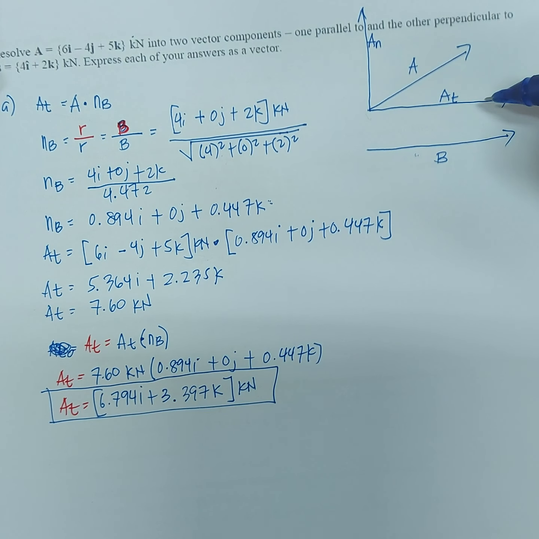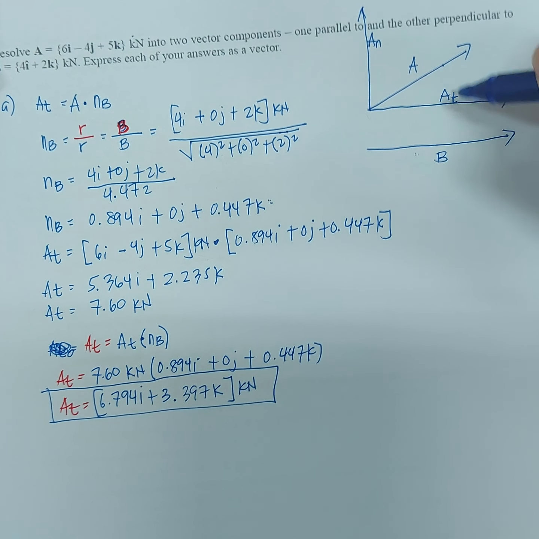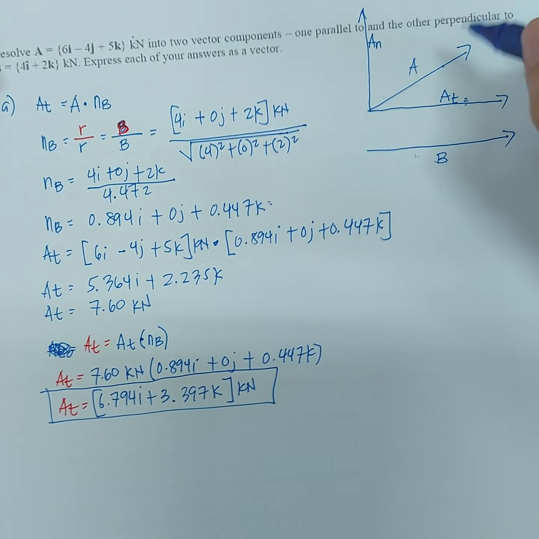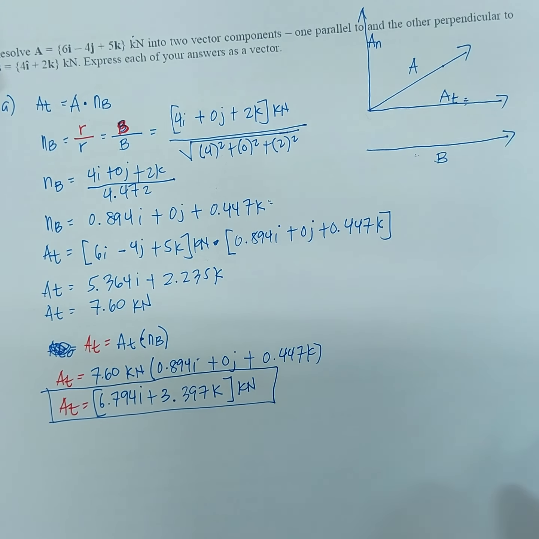So if we are solving for the component of A that is perpendicular to B, then that component is also perpendicular to AT. Okay, so you see.